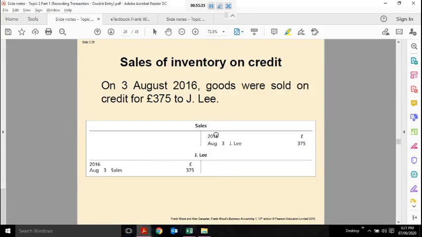So here, sales credit. Since the party is Daily, he owes you. He is your customer, your debtor, your account receivable. You sold to him, meaning you transferred the laptop to him, but he has yet to pay you 375. He owes you, he will pay you later. So Daily is your customer.